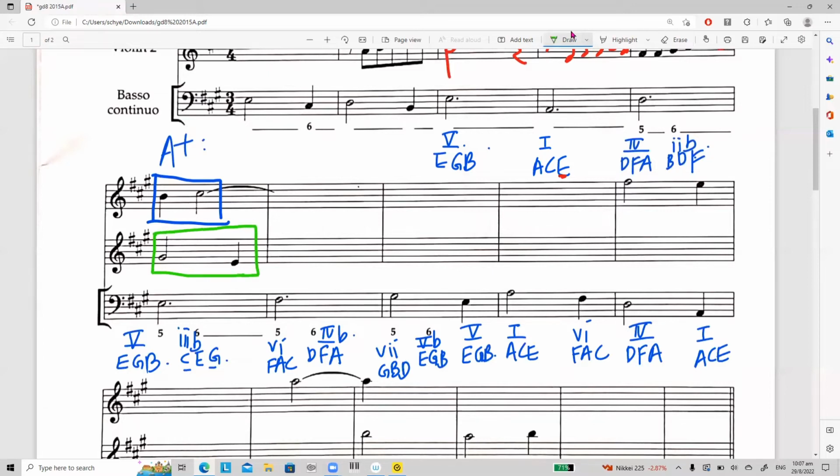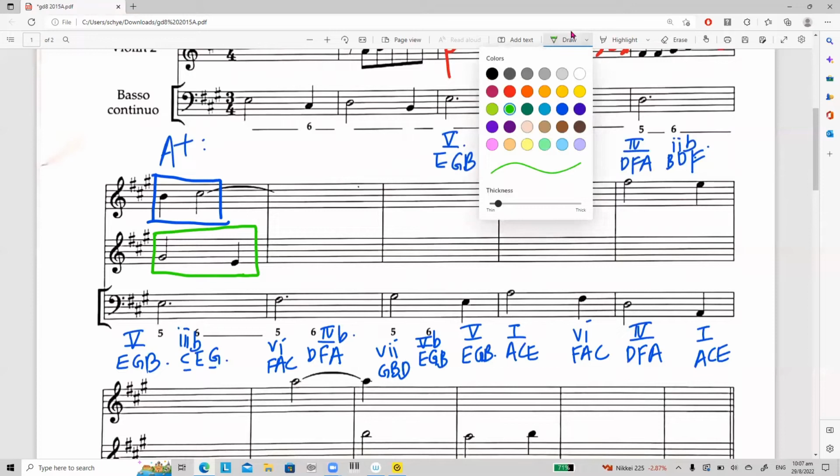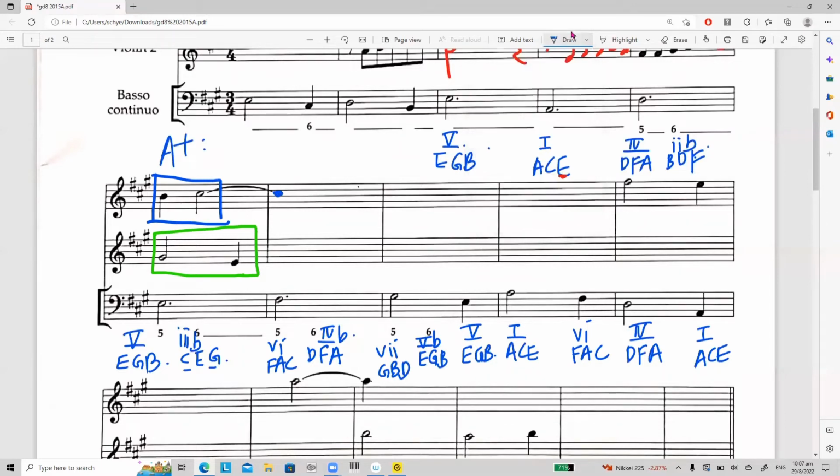Then the next bar, they give you this tie, so you need to continue using this. So I choose to have C. After this suspension, I can go to the D, which is the nearest note.